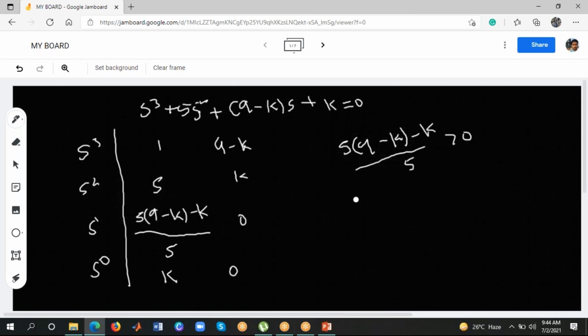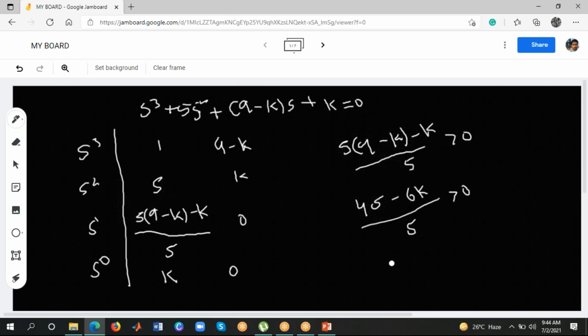Now 5 nines are 45, minus 5k, minus k, that is 6k divided by 5, and it is greater than 0.